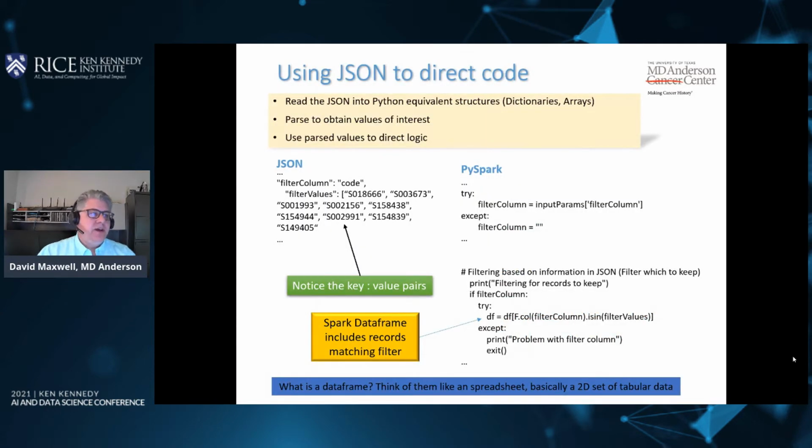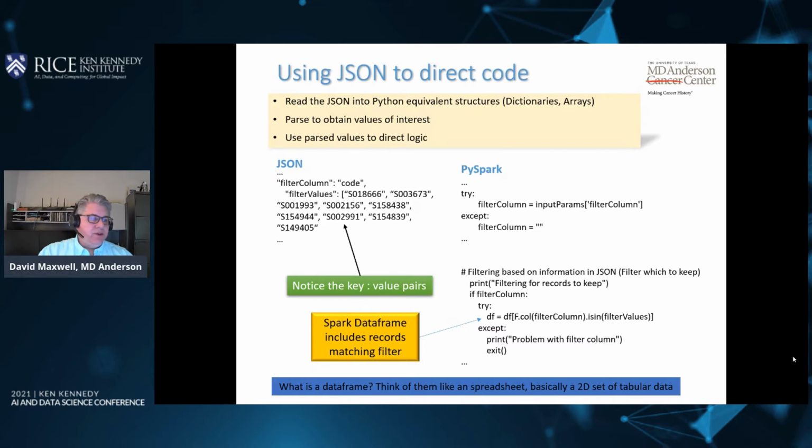So, using JSON to direct the code. On the left, I show the input JSON example, where in this case I'm filtering a column on values and ensuring those are what gets picked up in the data frame.